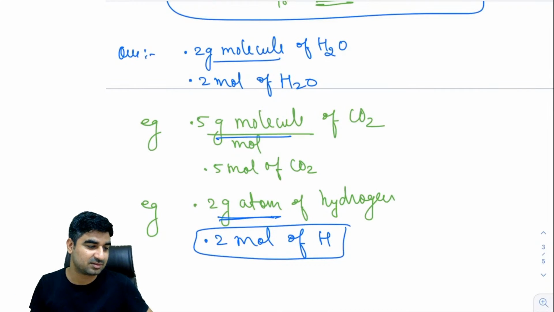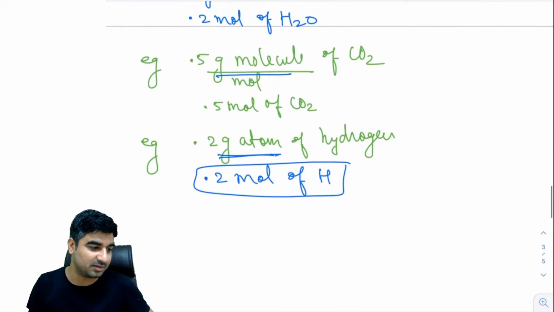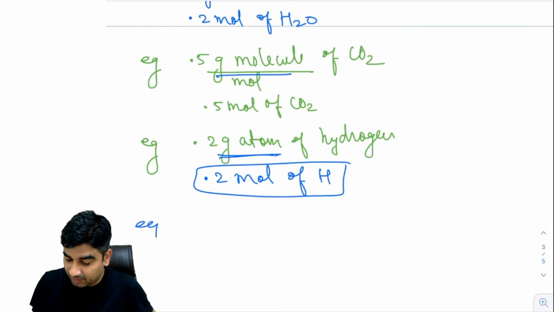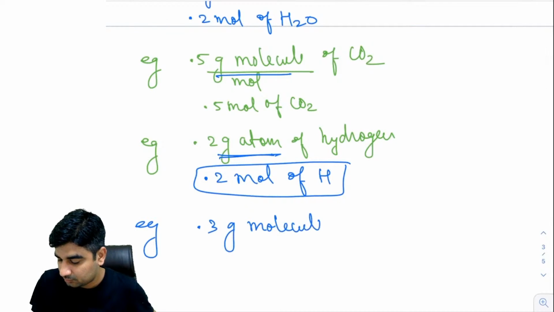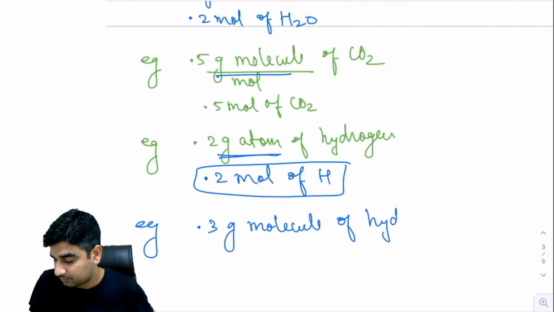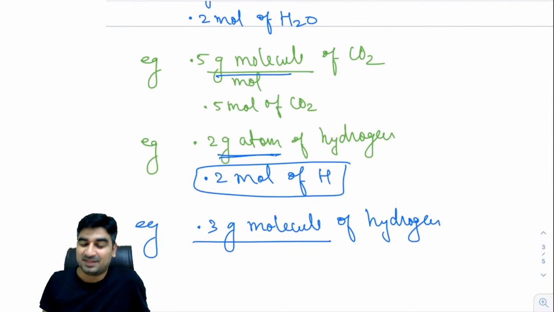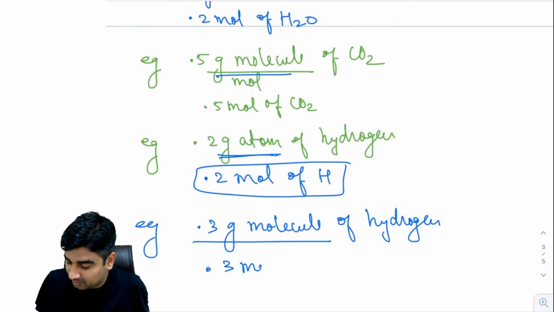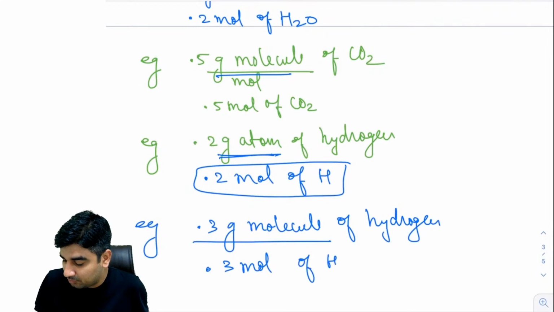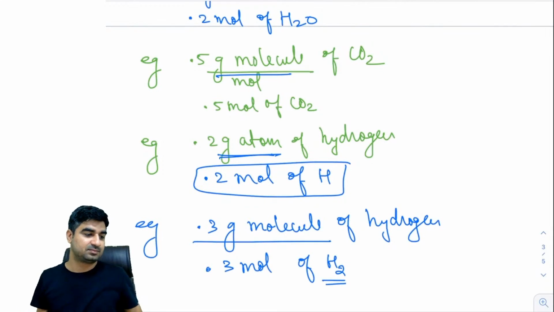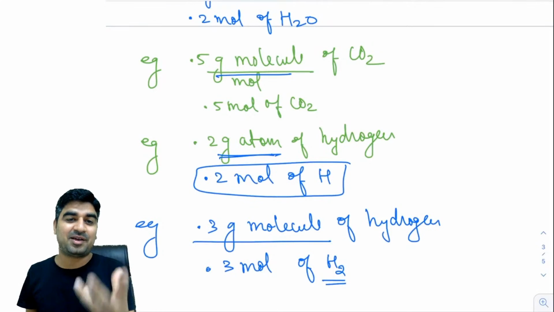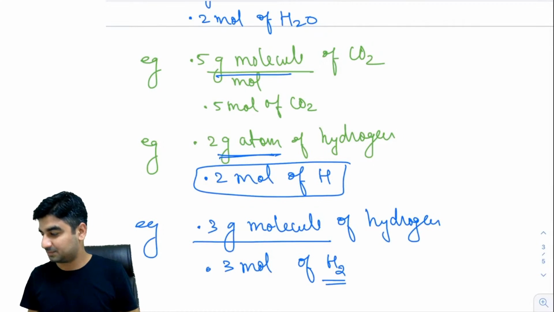Right? If I write 0.3 gram molecule of hydrogen, it doesn't mean 0.3 gram, it means 0.3 mole of hydrogen molecule, meaning H2. So it is another name of mole.